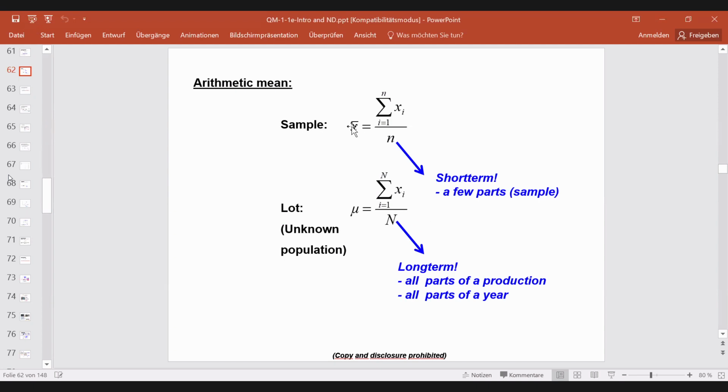It is possible to calculate a forecast, a prognosis, from the sample results to the mean of the whole production if you produce a large number of parts. Maybe all parts of a year, so long term. Sample is short term and population is long term.